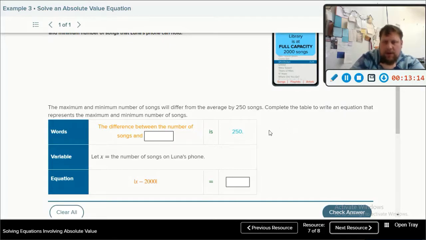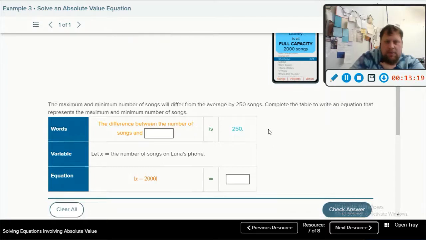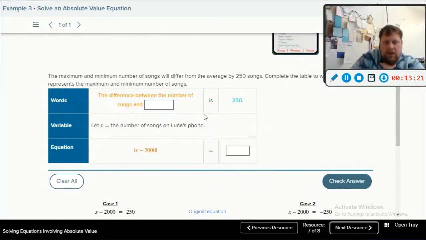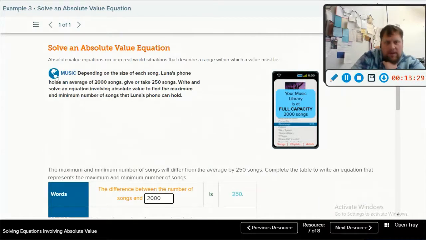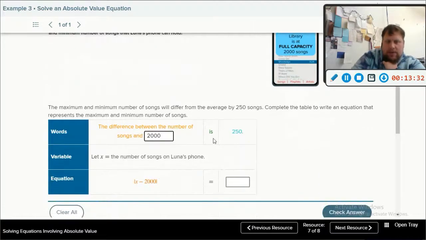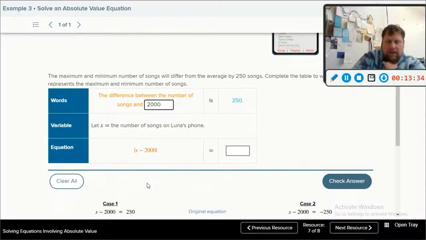Complete the table to write an equation that represents the maximum and minimum number of songs. The difference between the number of songs and 2,000, right? So we know that it holds an average of 2,000, but it's plus or minus 250.